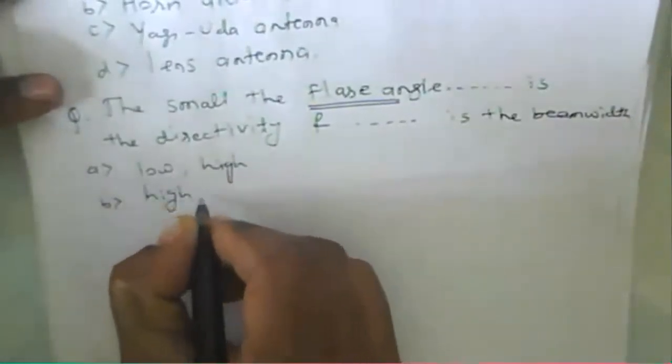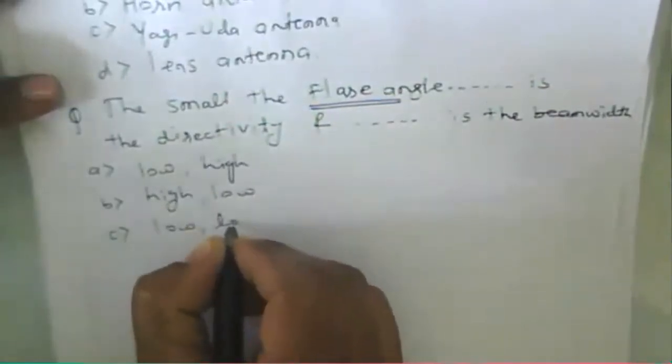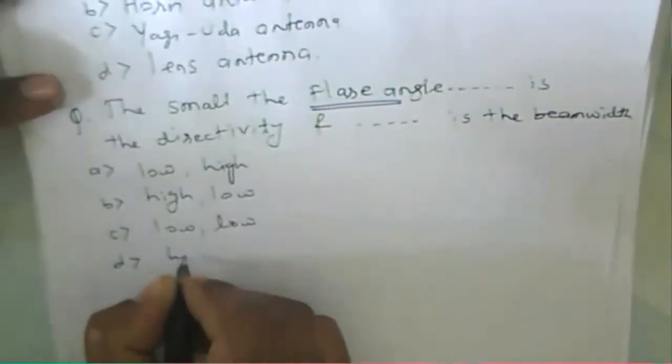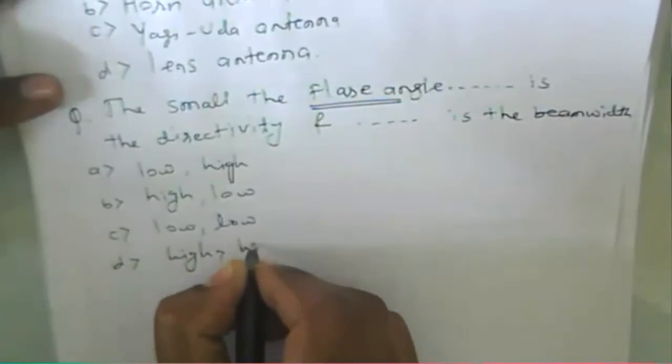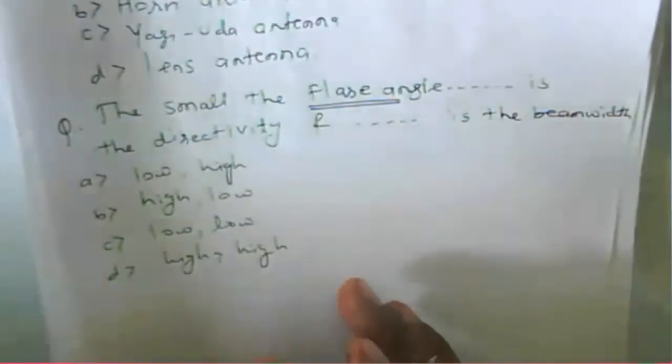So the options are low, high; high, low; low, low; high, high. Now tell me the answer for this.